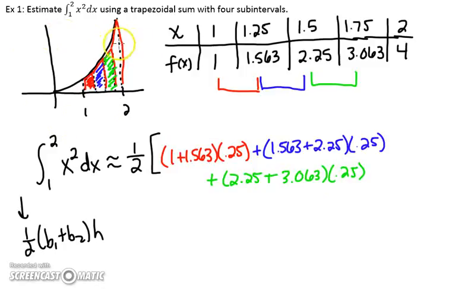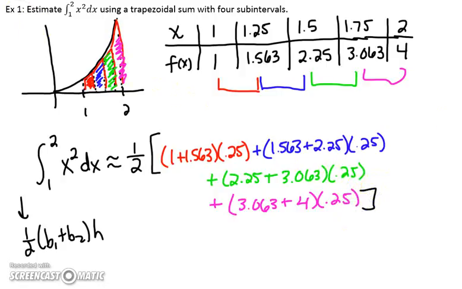And for the last one, this last little trapezoid here, the sum of the bases is going to be 3.063 plus 4 and a height of 0.25. And that's going to be our trapezoidal sum.